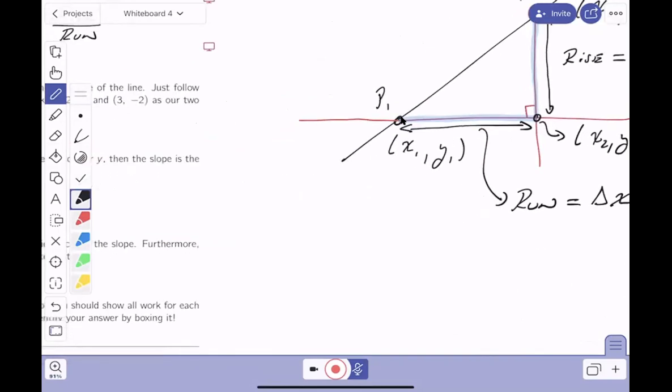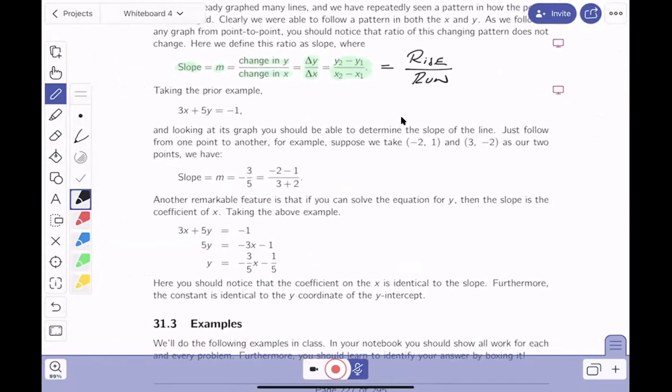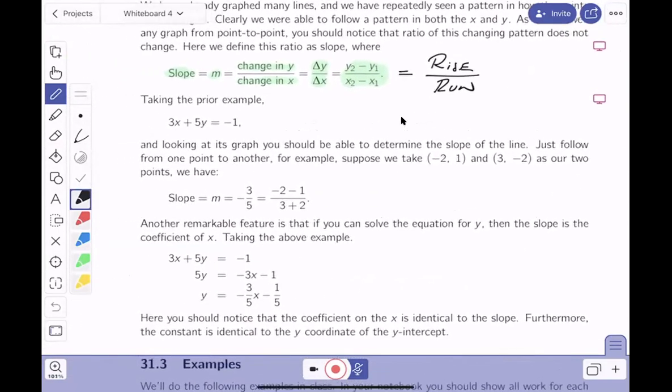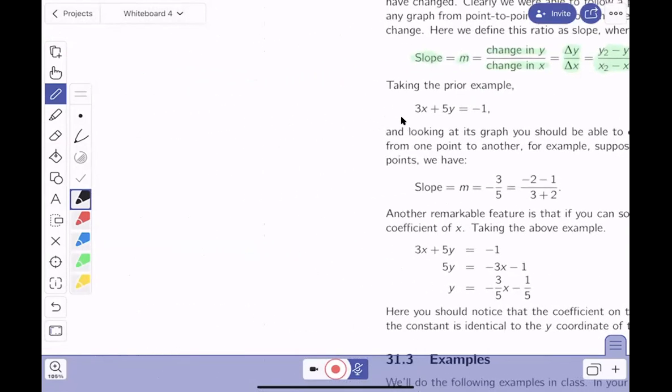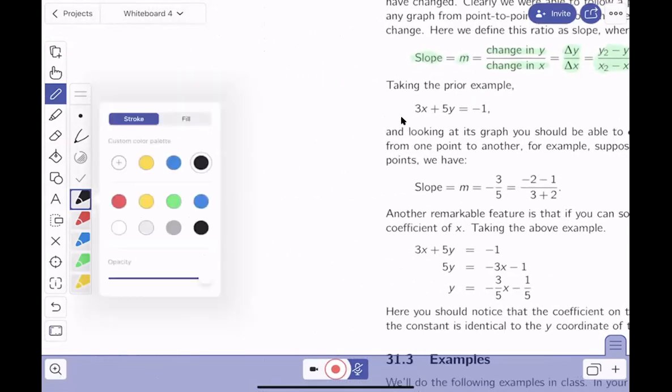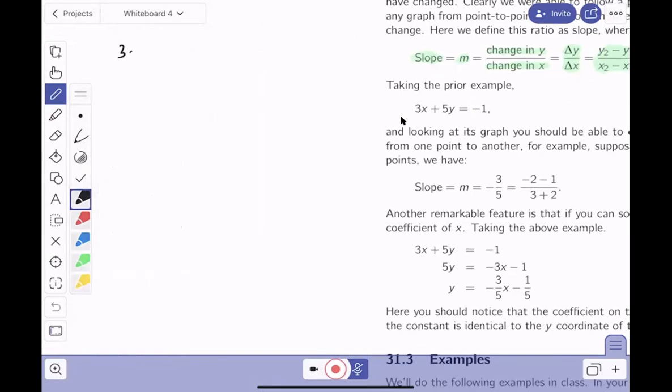Let's go back over the notes and let's talk about it. Let's take a really simple example here. I'm going to push this to the side, and I've got a line over here. The line is 3x plus 5y equals minus 1.